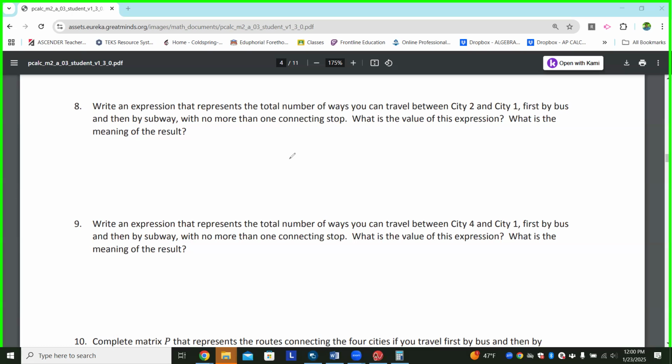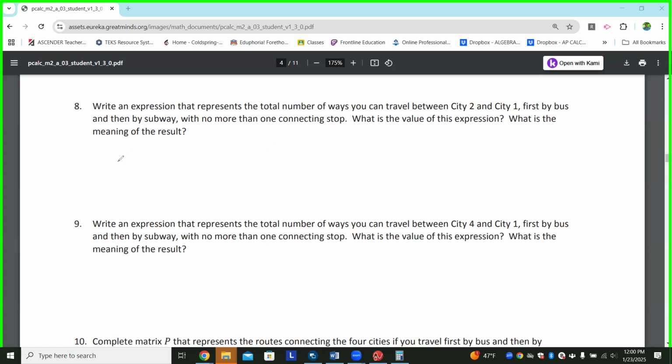So you can go straight from city 2 to 1, or you can go from city 2 to city 3 to city 1, city 2 to city 4 to city 1, but you can only stop one time. I believe we did that already on part A, city 2 to city 1, first by bus, then by subway. So in that first opening exercise, we already got that written out. So this wants us to establish an equation.